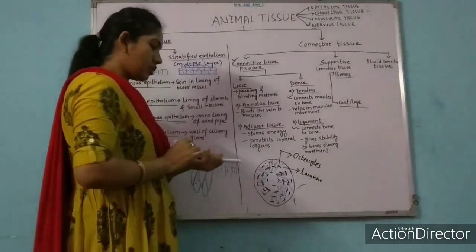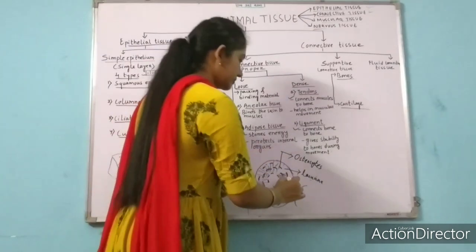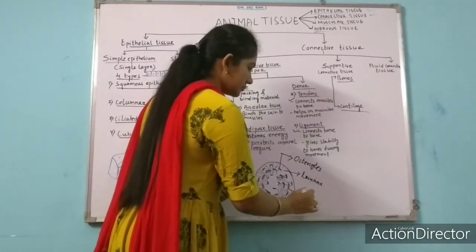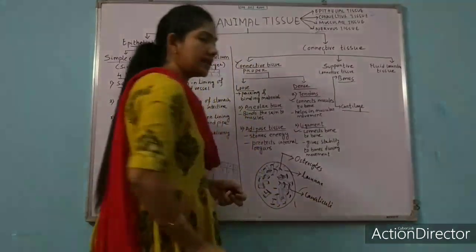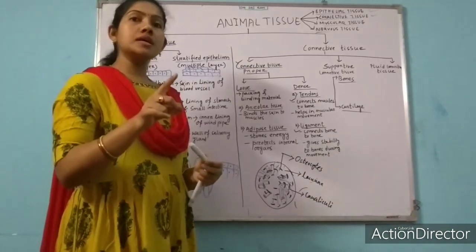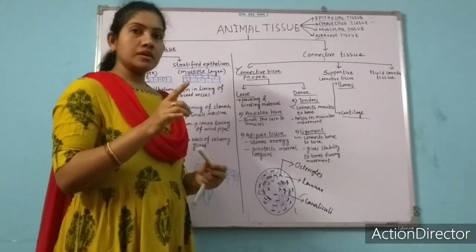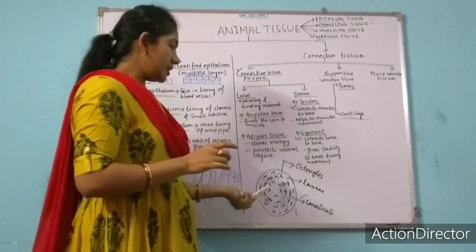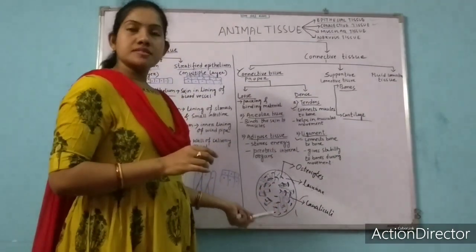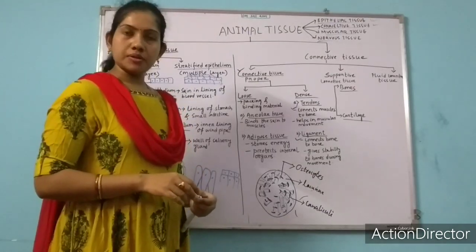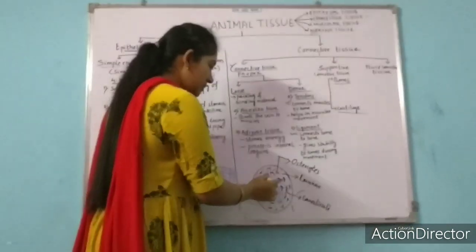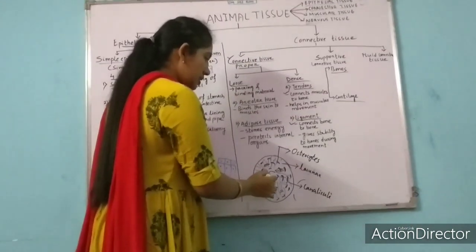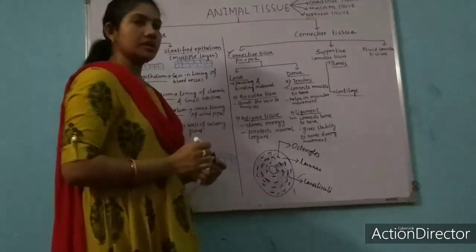This canal is called canaliculi. Canaliculi is the connection, a canal which connects the cells inside the lacunae. And at the middle, it forms a small concentric ring.